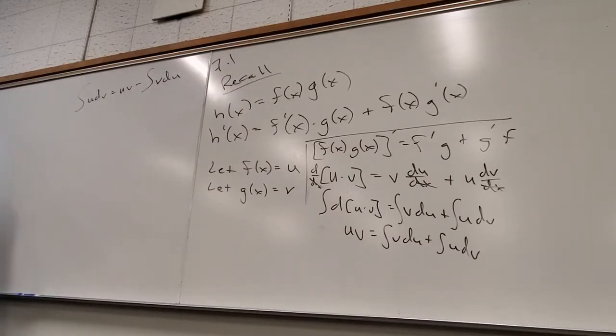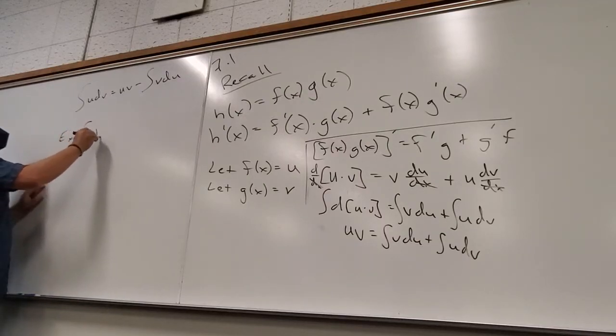Without a concrete example, this is all confusing. You're all like, u's and v's and f's and g's. Can you kind of follow what I did? Every step kind of follows, right? Now let's really see why this is good. Let's do a very basic example, and then we'll get out of here.